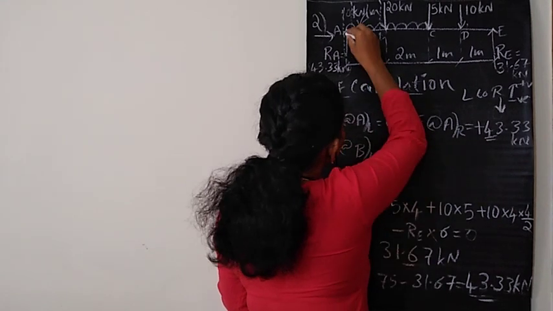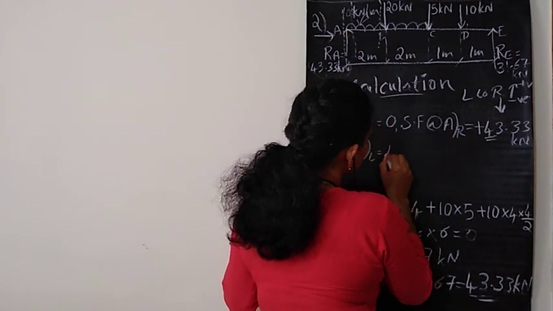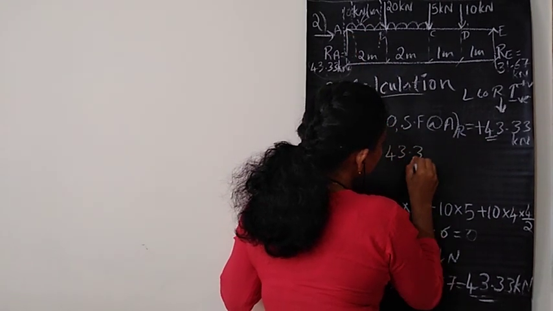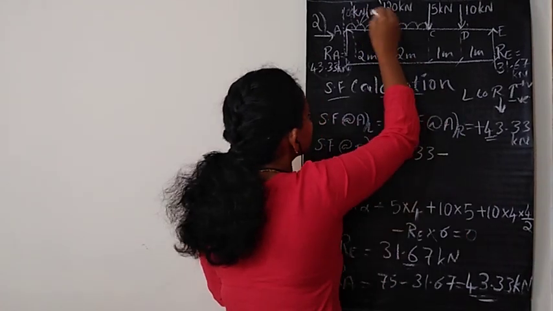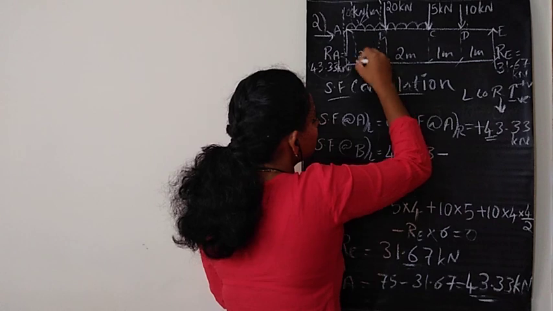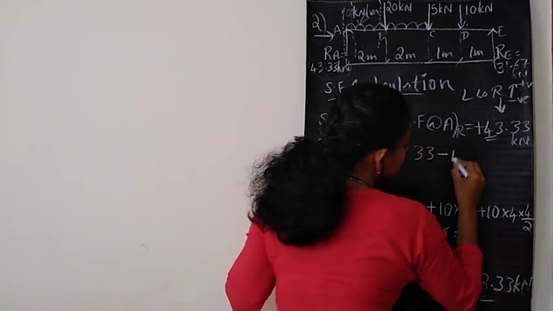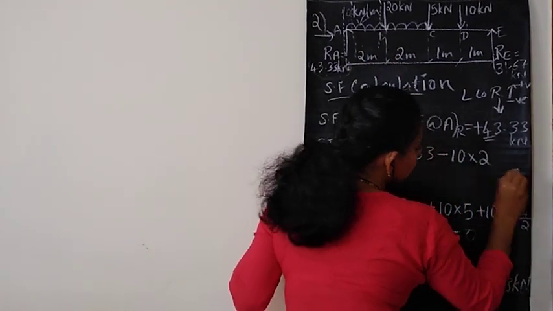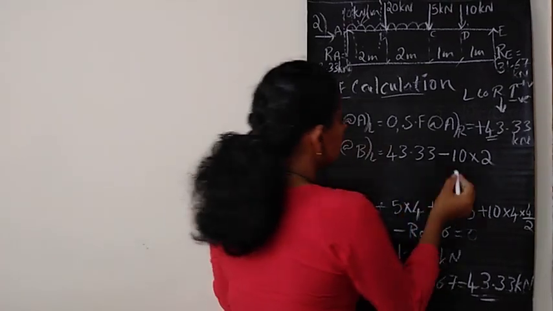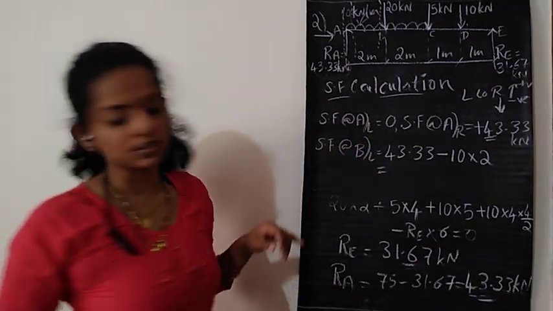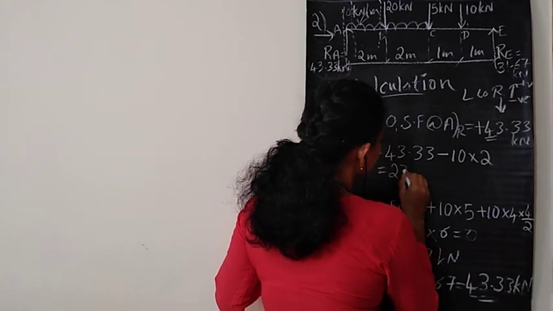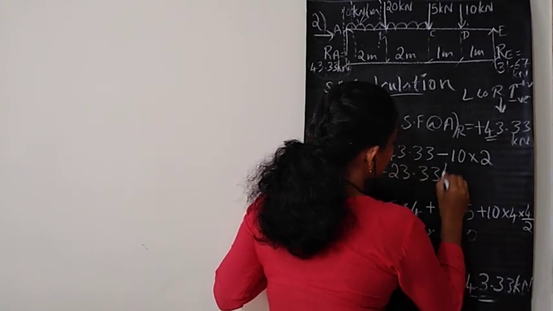So this is plus 43.33 and UDL is minus, only up to point B, that is only 2 meter you have to consider, that is 10 into 2. So what is the value? 23.33 kilonewton.